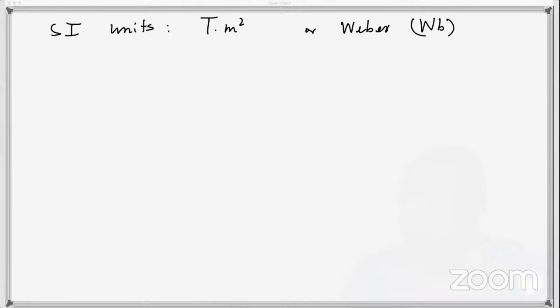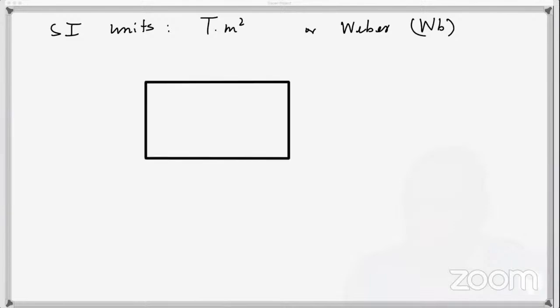So let's illustrate this. Suppose we have an area like this. So this rectangular conductor is lying on the plane of the screen.